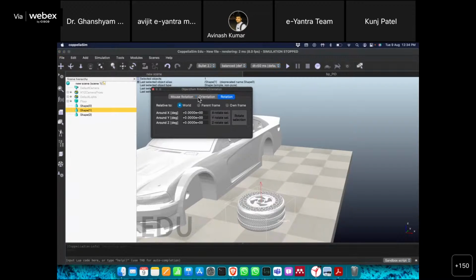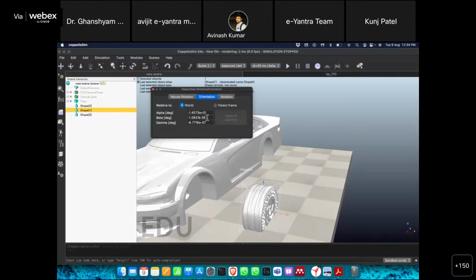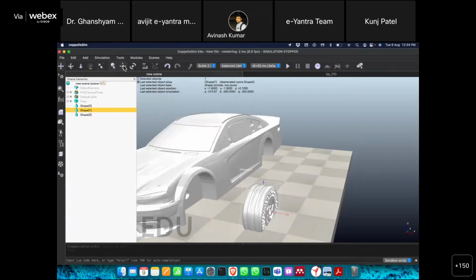You can do the rotation by mouse, or you can do it by number. You can just put in the number for how much you want to rotate and press enter. In the orientation section, you can directly set the orientation. In the rotation section, you can set how much rotation the object will take in which axis.